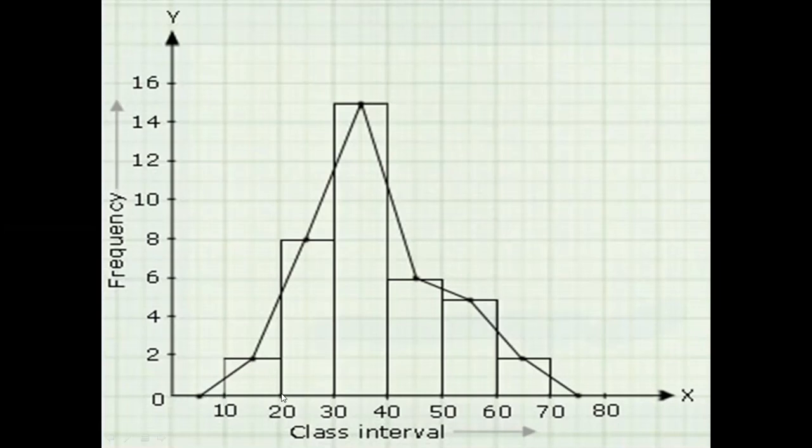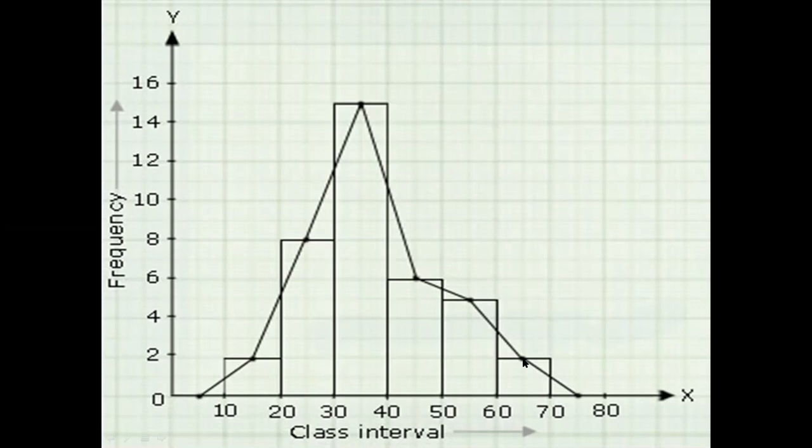The preceding class interval for 10 to 20 is 0 to 10. So the midpoint of that is 5. So you will start your line segment from 5, it will go to 15, and then it goes on till you reach the last class interval, that is 60 to 70.